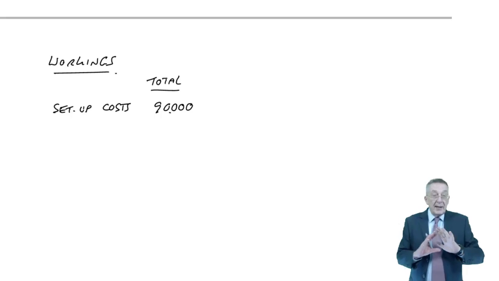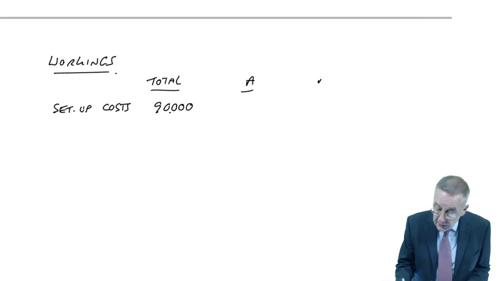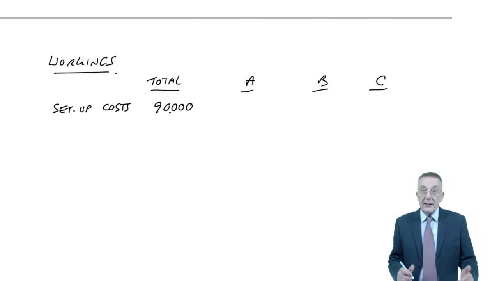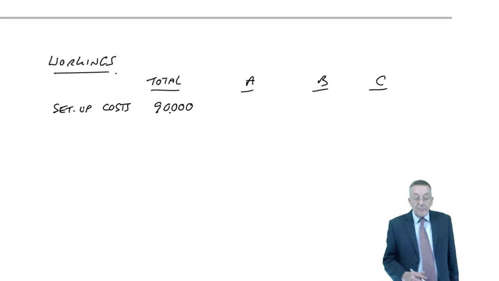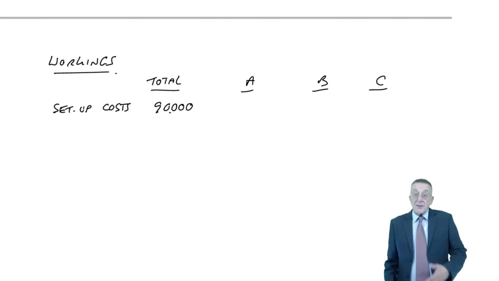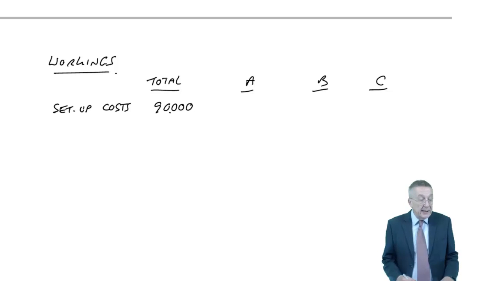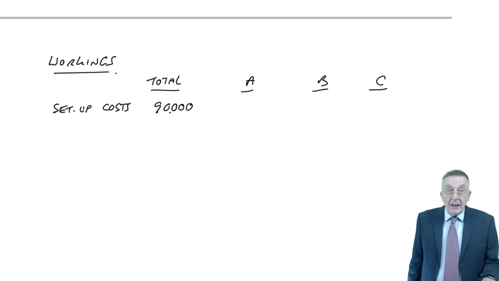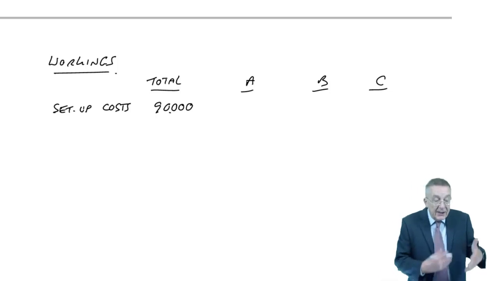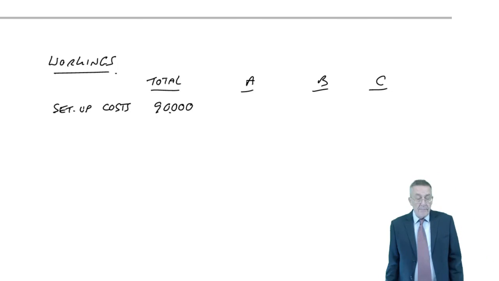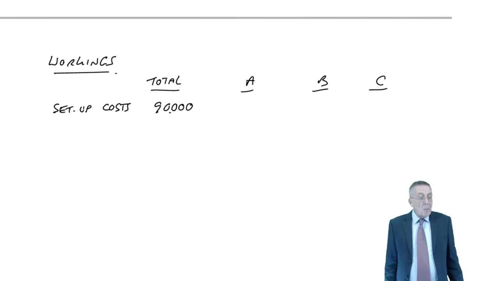But I'm going to decide out of that total, how much in total should we charge to each of the three products, A, B and C. Now let me explain what we mean by setup costs and then how we actually arithmetically do it. These are standard words you may see in the exam, so don't be worried about the English if it's a problem. Once I've explained it, it should make sense.